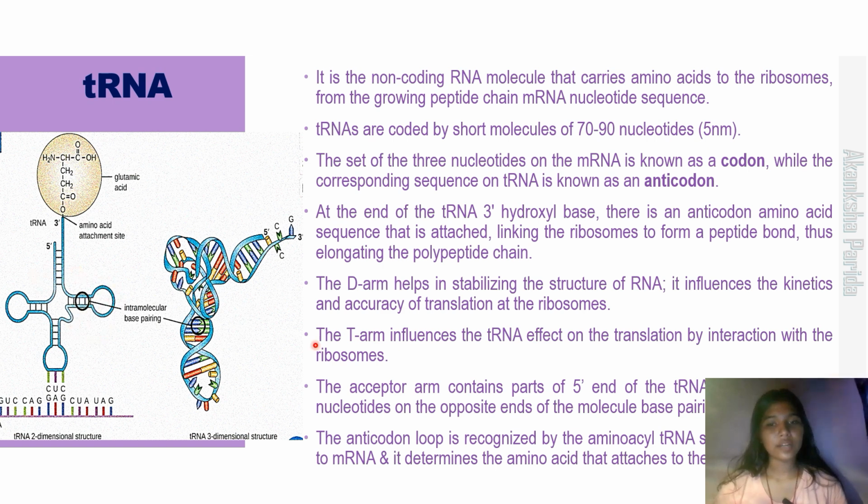The acceptor arm contains the 5' end of the tRNA made up of 7 to 9 nucleotides base pairing with the opposite end of the molecule. Here, the codons in the anticodon loop are recognized by aminoacyl tRNA synthetase, paired to mRNA, and this determines the amino acid that is attached to the acceptor arm.